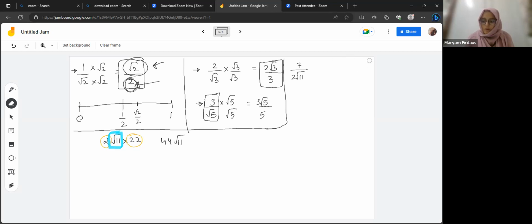Now, Zain. Abdul Rahman, what will the numerator become if you multiply it like this? Numerator.